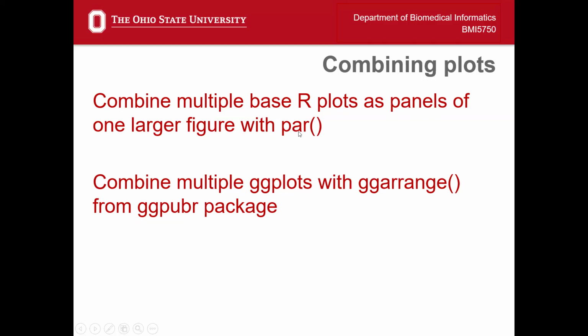Or if you're using ggplot2, which you should be if you're going to publish, if you want to look impressive, you can combine multiple ggplot2 plots with functions such as ggarrange from the ggpubr package. And we'll show some examples of that. This is how people have their one figure with panels A, B, C, and D. They do it by putting them together into one big picture, but with different plots.